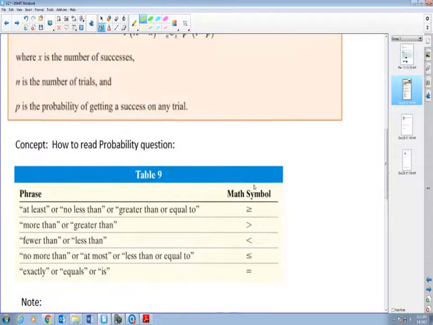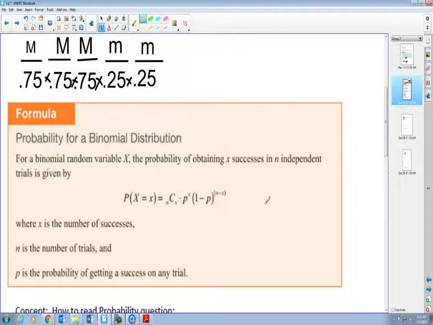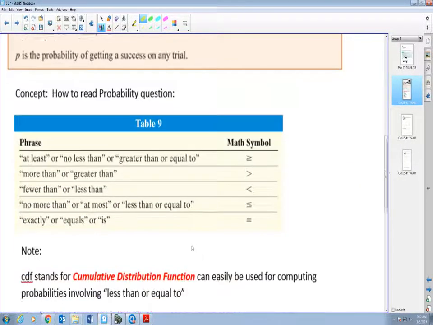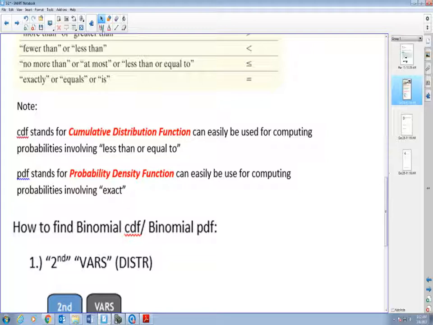So rather than using the formula here, I'm going to show you how to do this in the graphing calculator. But in the graphing calculator you need to understand 2 things here. Something called the CDF. CDF represents what we call the Cumulative Distribution Function.